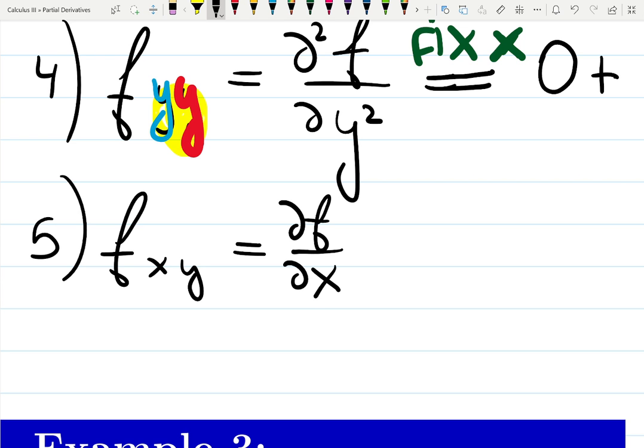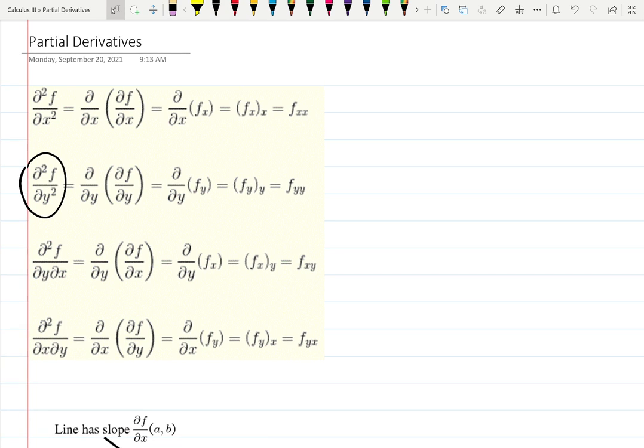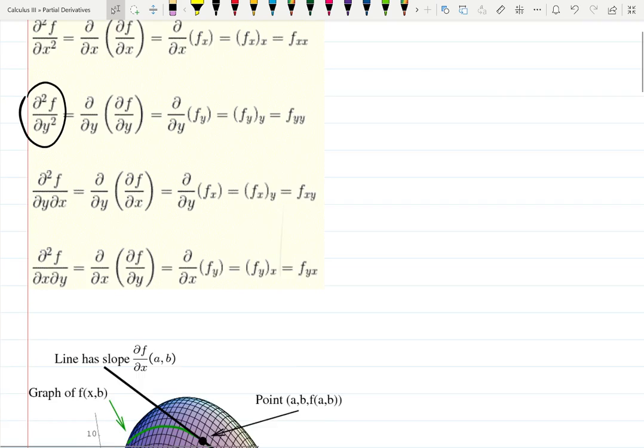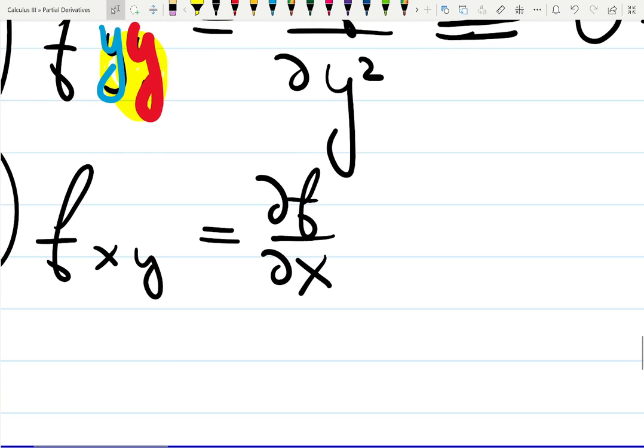And then, let me make sure I'm consistent with the book here. Yeah. And then we're taking it a second time. This square is not square, that means second derivative. But I cannot put second here because it's not with respect to x, with respect to x. I'm putting second one with respect to y.